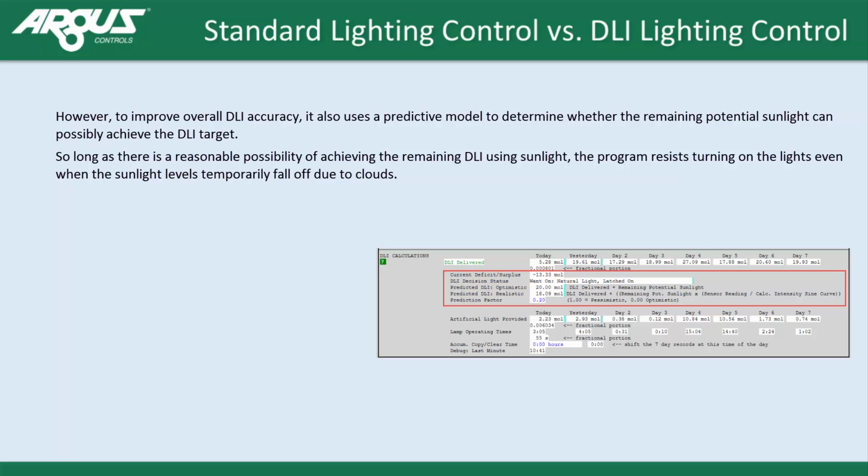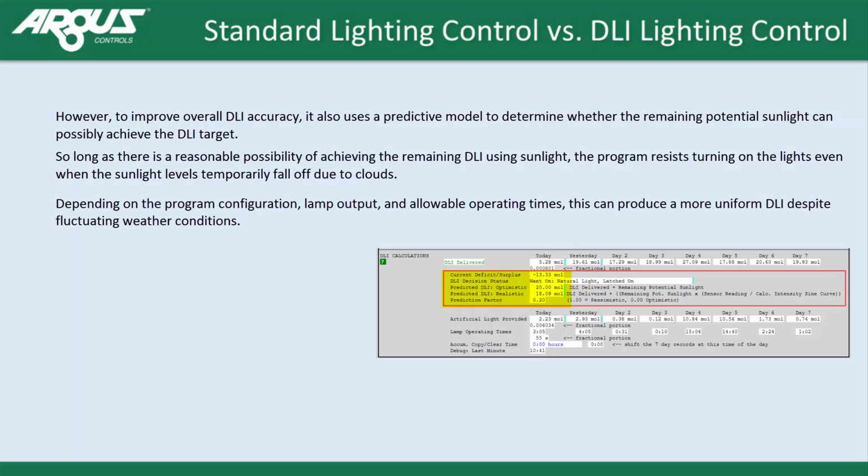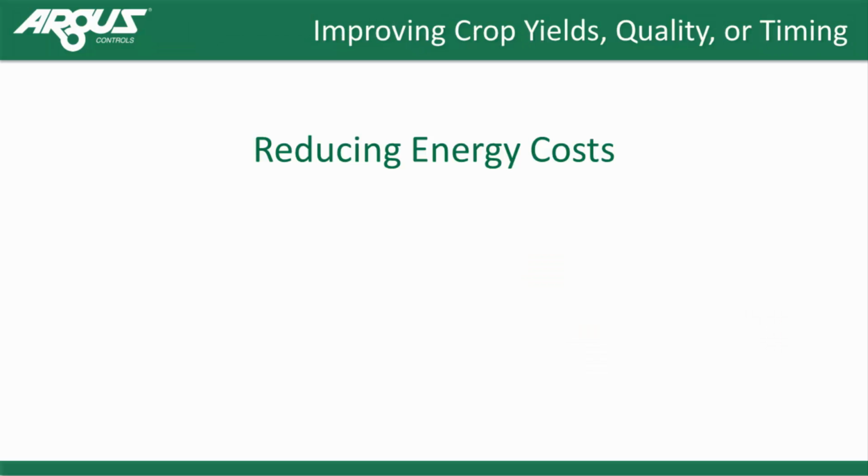So long as there is a reasonable possibility of achieving the remaining DLI using sunlight, the program resists turning on the lights even when the sunlight levels temporarily fall off due to clouds. Depending on the program configuration, lamp output, and allowable operating times, this can produce a more uniform DLI despite fluctuating weather conditions.